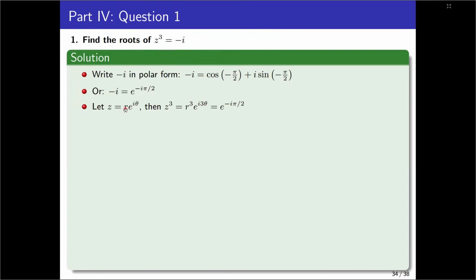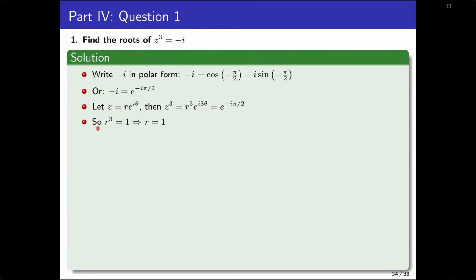Then z is equal to r times e to the power of i theta. Then z cubed is r cubed times e to the power of 3 i theta, which again by Euler's formula equals e to the power of minus i pi over 2.